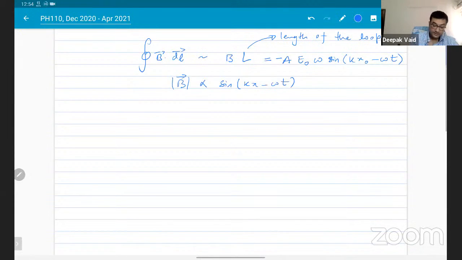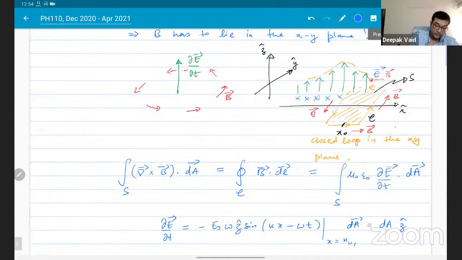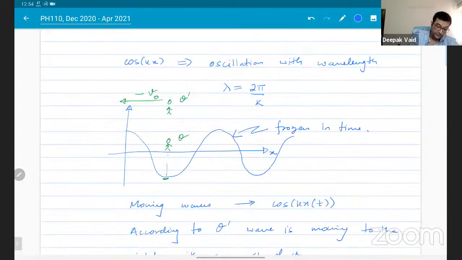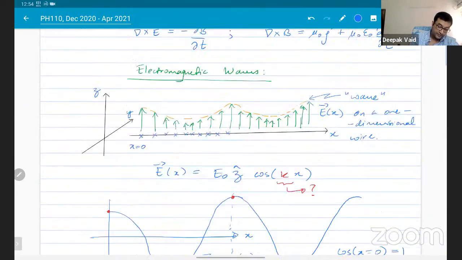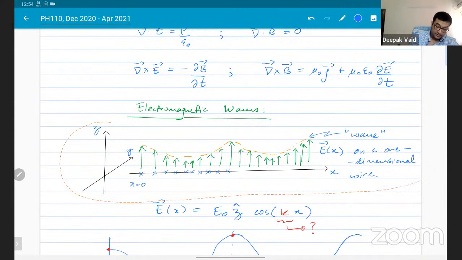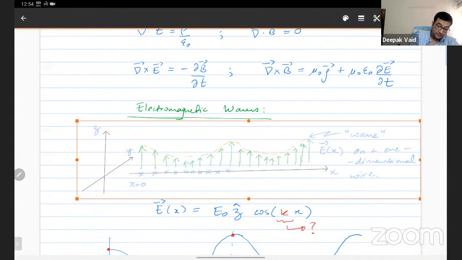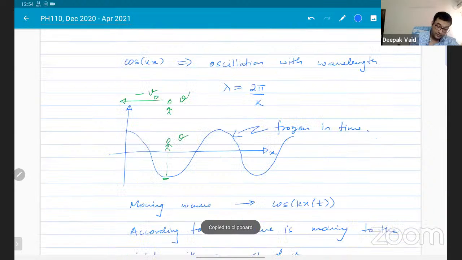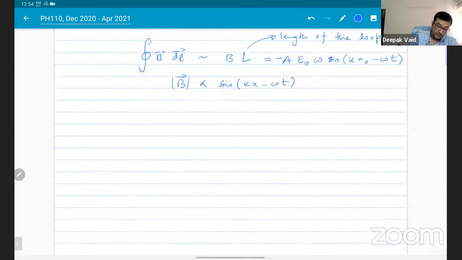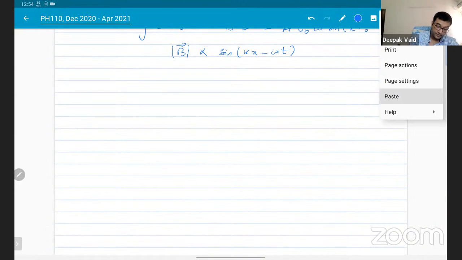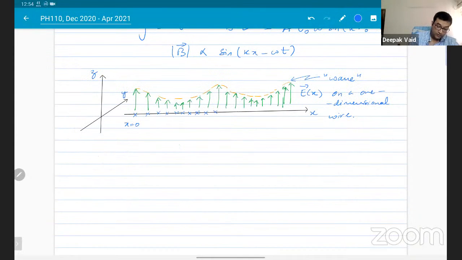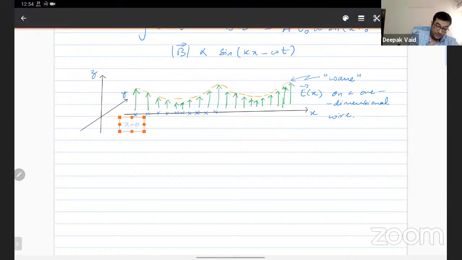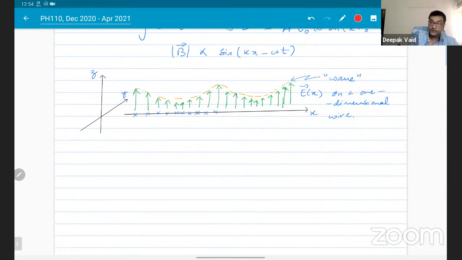So what happens is that whenever I have an electric wave, that electric wave also generates a magnetic wave. So if I copy this again and I paste it over here, okay, now what do I find? I find that there is also a magnetic field.